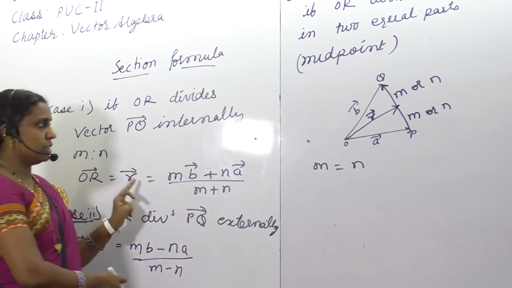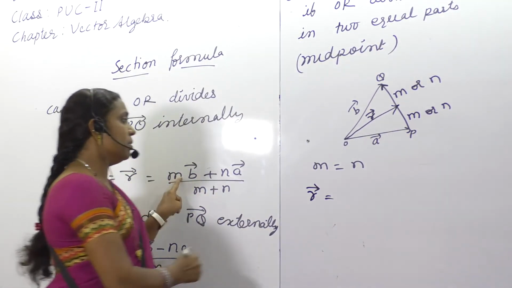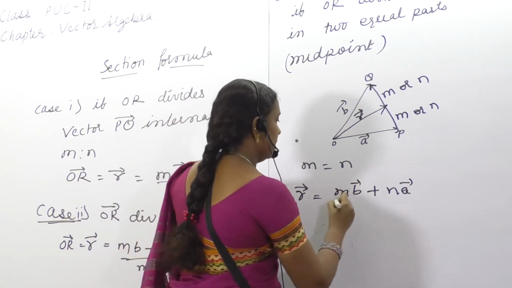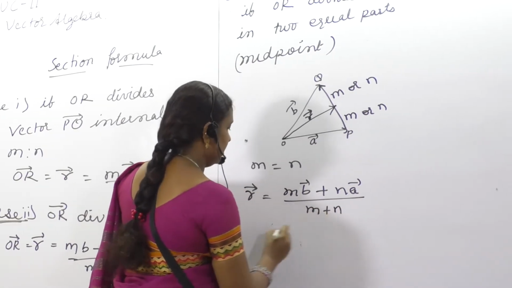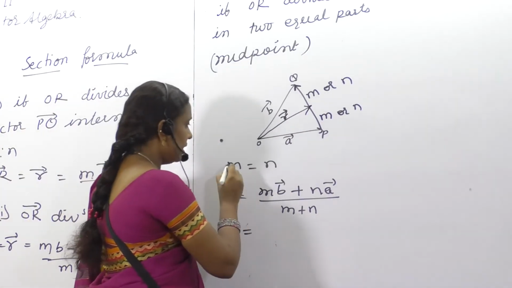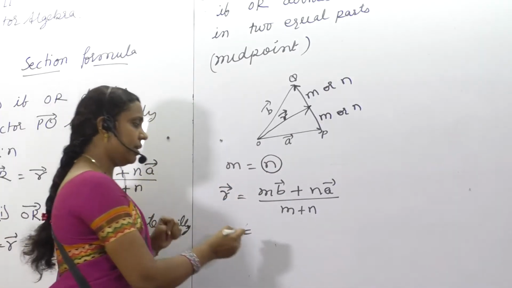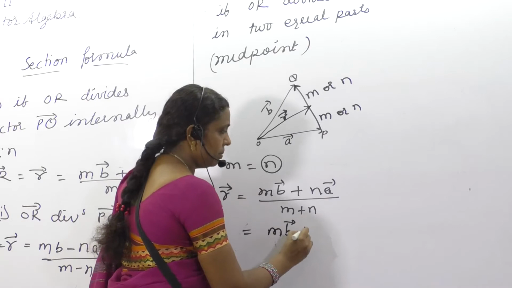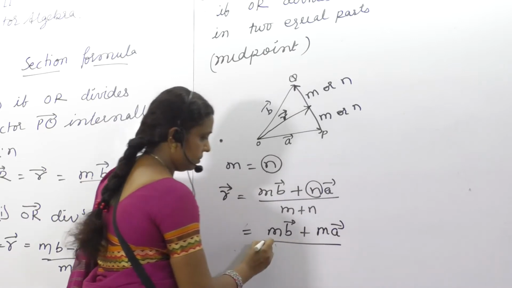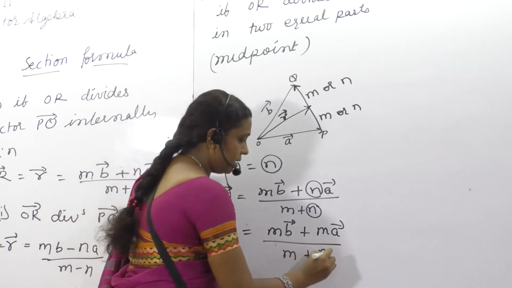Am I right? Internally means out of these two cases, which formula is applicable? This formula. So shall we apply this formula and get the result for R? mb. We put first this formula. Then we will replace m by n or n by m. You can take any option. Here wherever n is there, I will be taking that as m because both are equal. mb plus, instead of n, what I will take? ma. And this is m plus, instead of n, I need to take m.